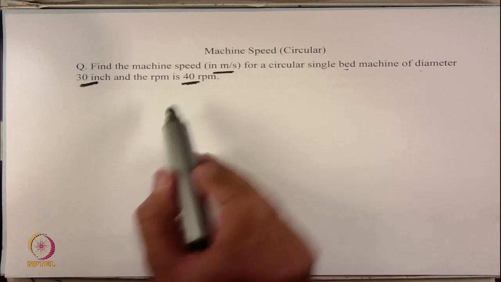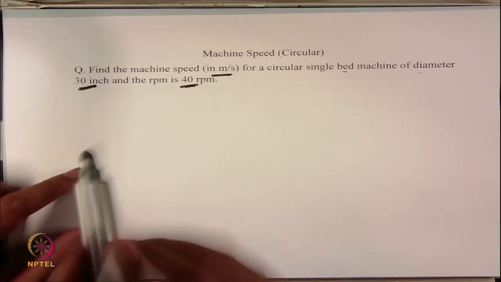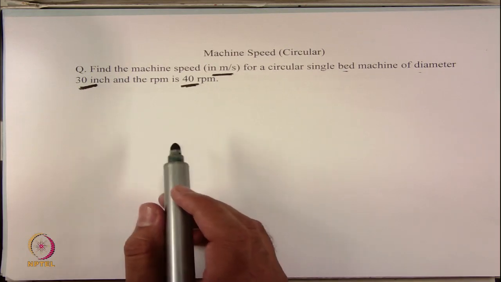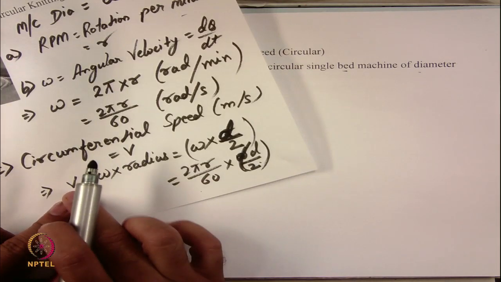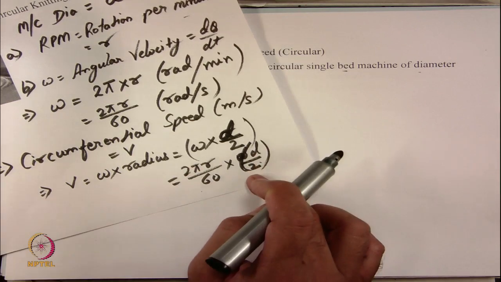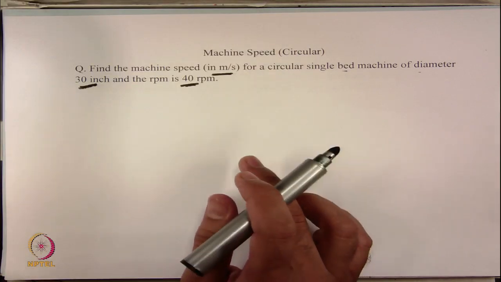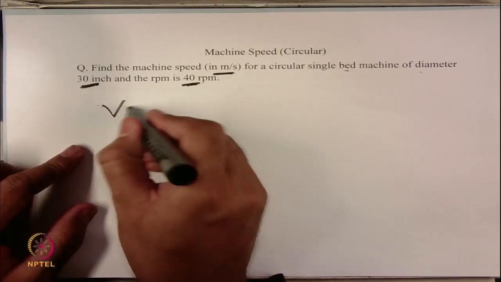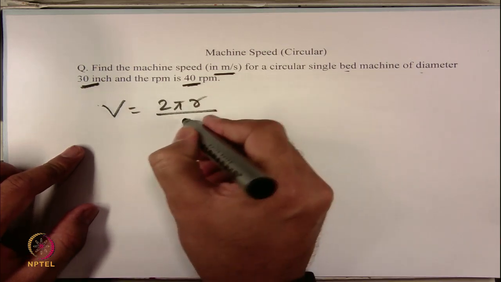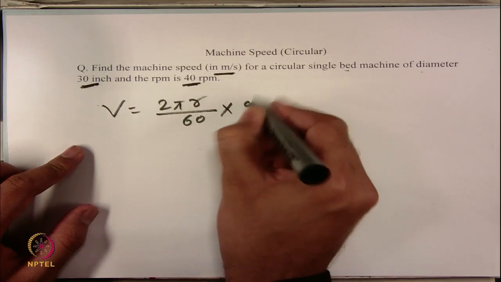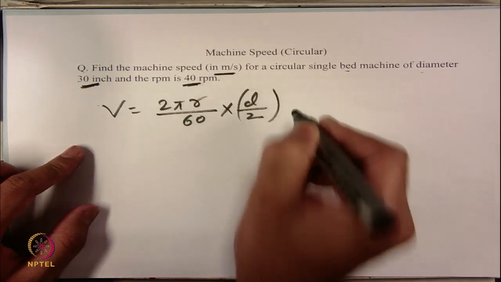Okay. So, if this is the value, you can simply use this formula, V is equals to 2 pi r by 60 into d by 2.